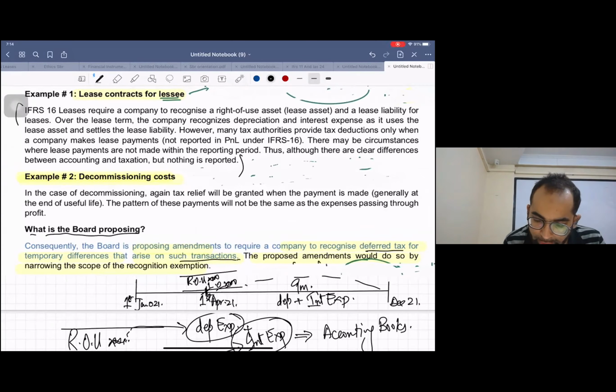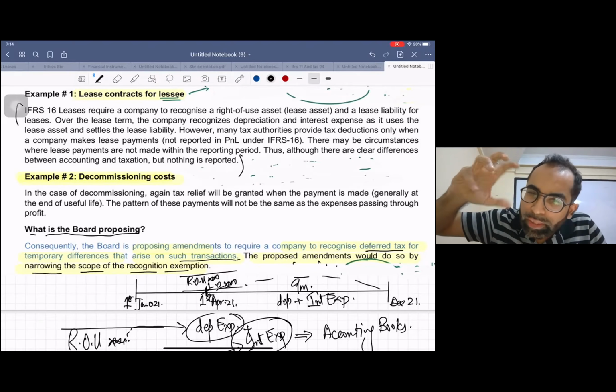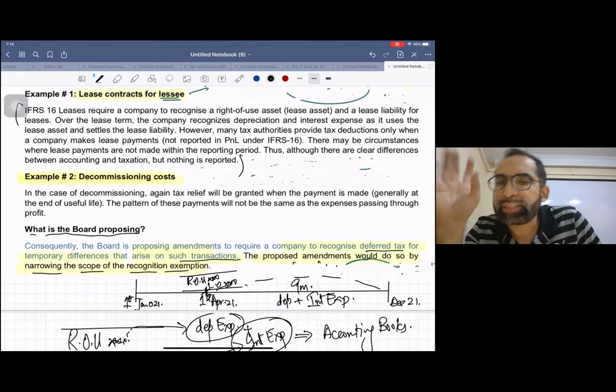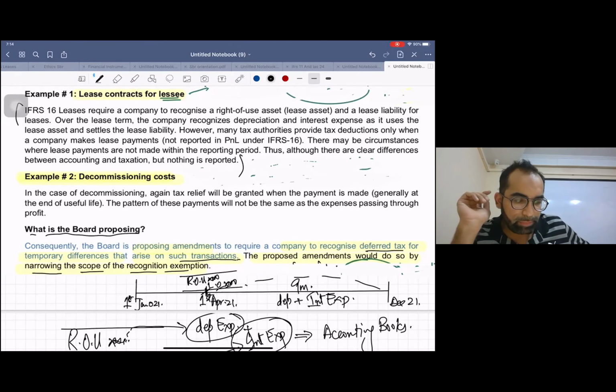The proposed amendment would do so by narrowing the scope of the recognition exemption. That means they are going to lift or change some of these recognition exemptions, because they think these exemptions are not always correct. So keep this in mind.